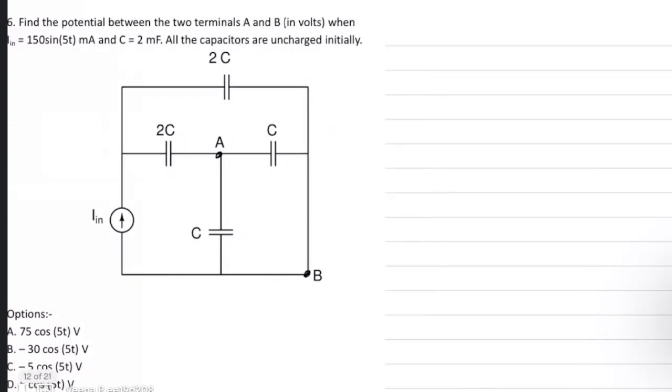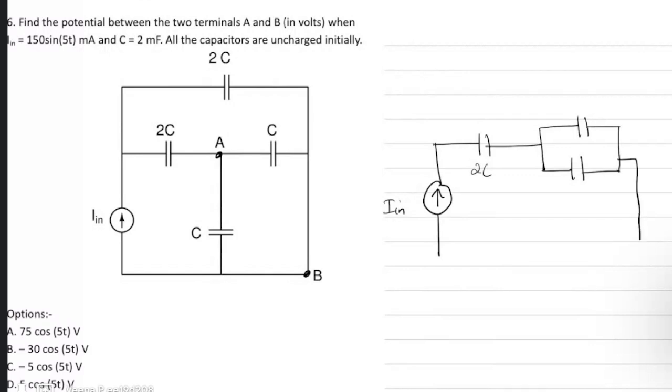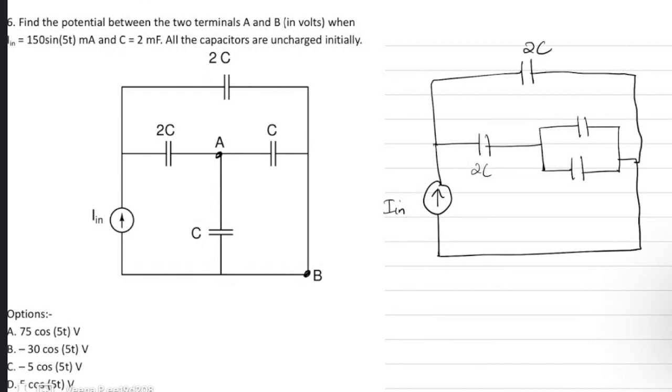So I can redraw the circuit as I in, so this is A and this is B. Now the question is, what is VAB?